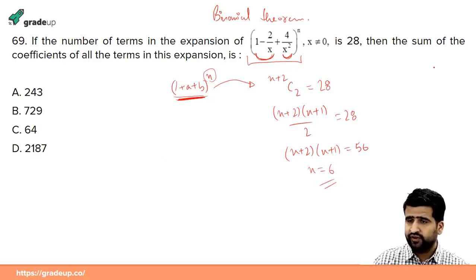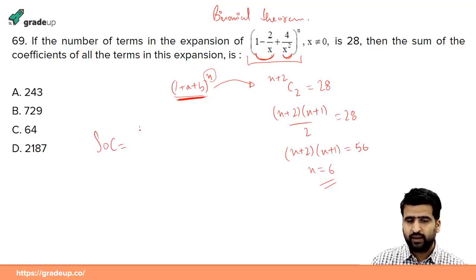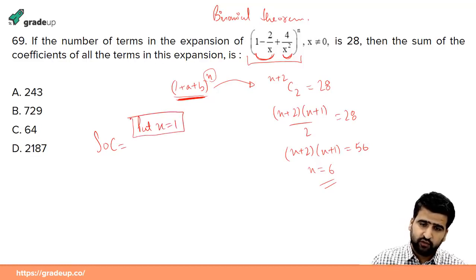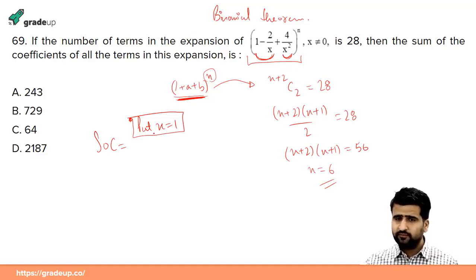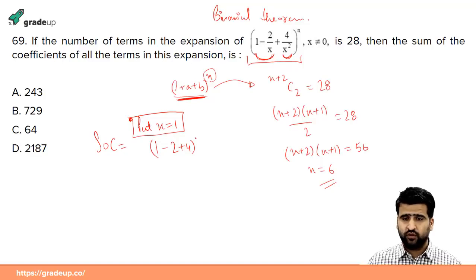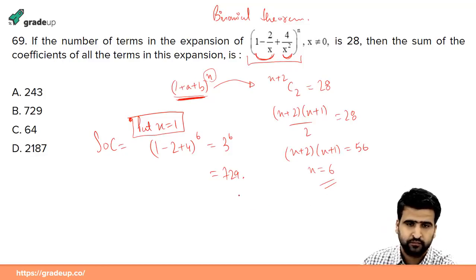Alright, so you need to find the sum of all the coefficients of the terms. So the sum of all the coefficients can be found by putting x is equal to 1. So this is always the case. Put all the variables equal to 1 and finally get the answer. So 1 minus 2 plus 4 to the power 6. So the answer will be equal to 3 to the power 6, which is equal to 729.